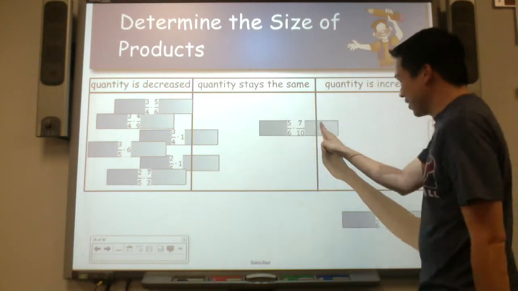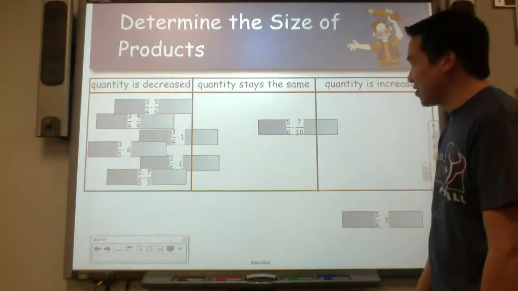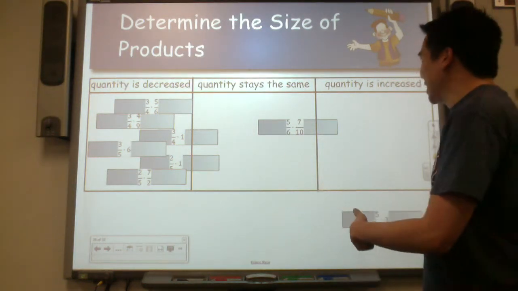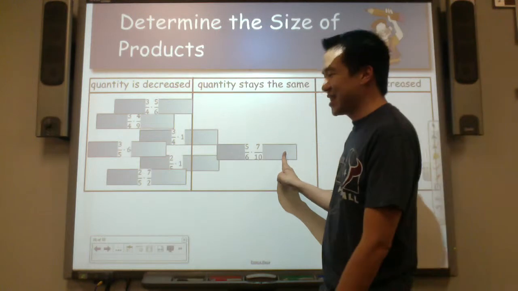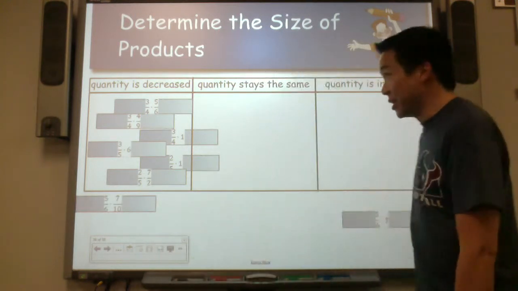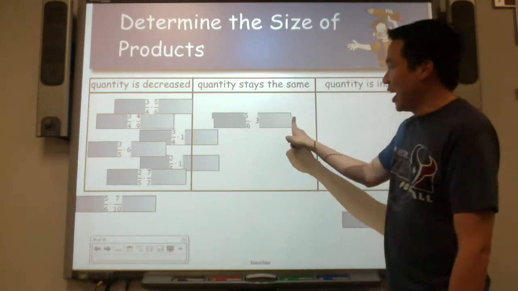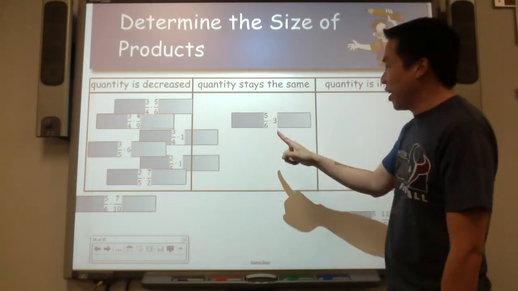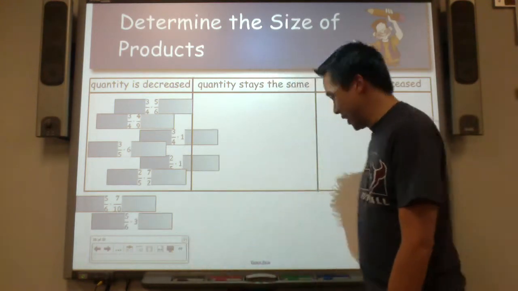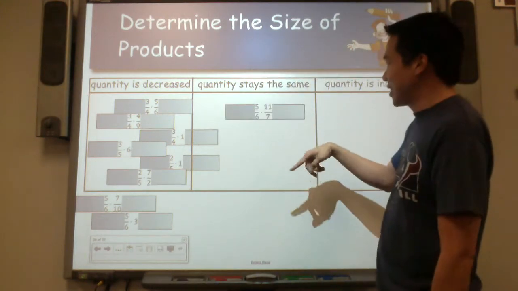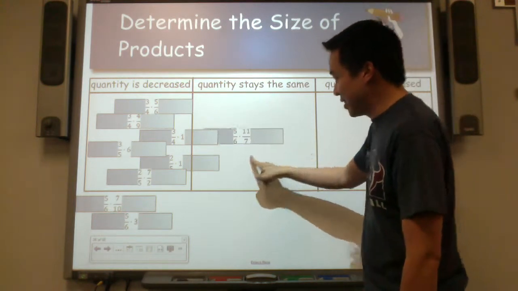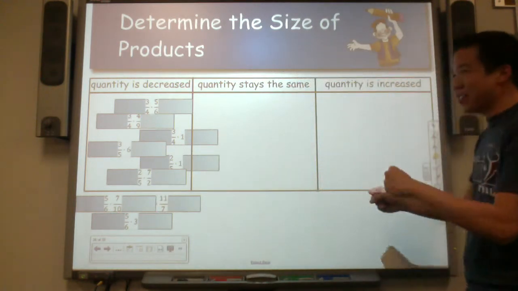Maybe it's 5/6. Is 5/6 greater, the same, or less? 5/6 is less than 1 whole, so it's going to decrease the answer. 5/6 times 3. 5/6 is less, so it decreases the answer. 5/6 times 11, 5/6 is less, it will decrease the answer. So they all decrease the answer.